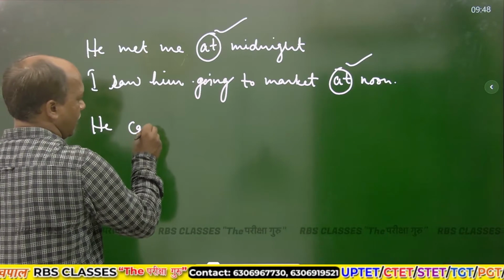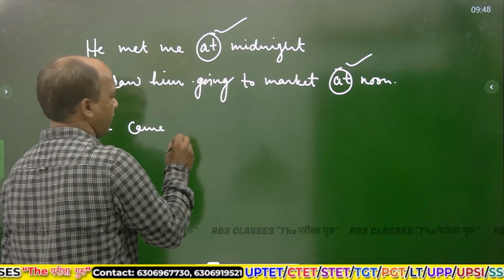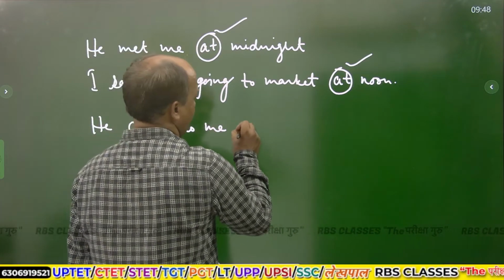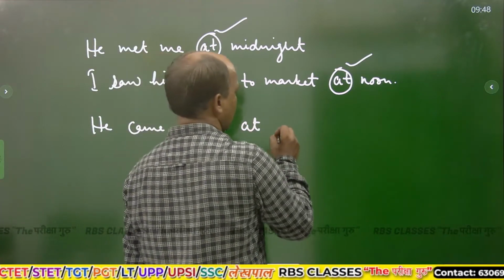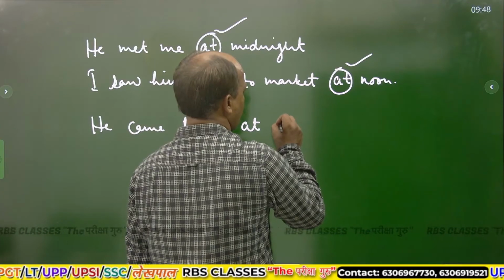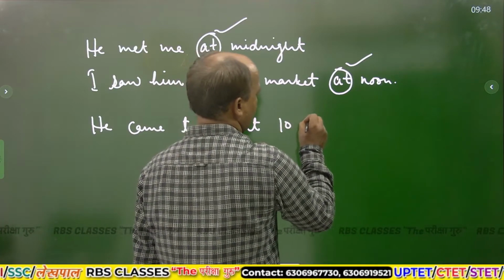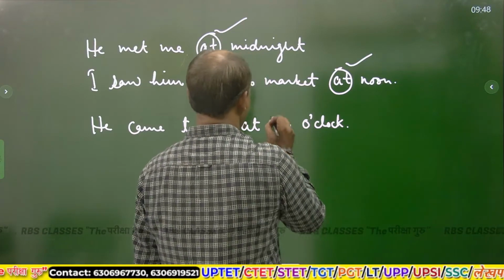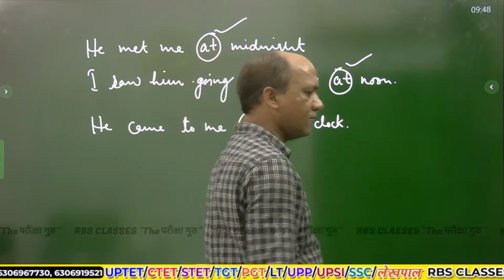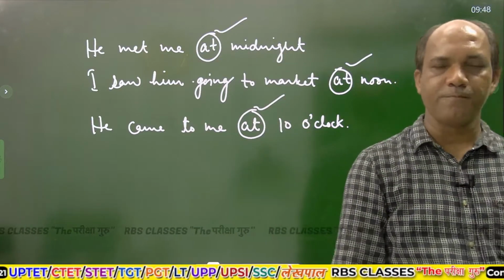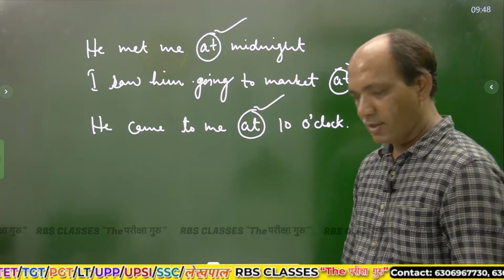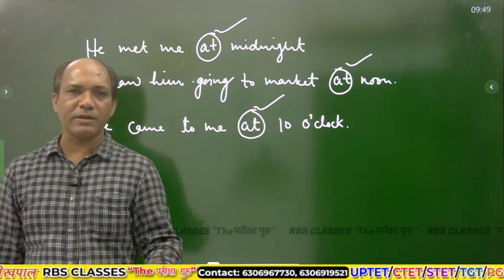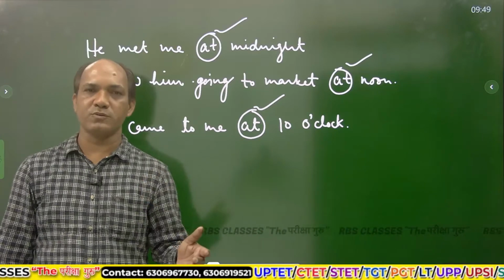He came to me at 10 o'clock. This is a particular point of time, at. So at simply means wherever you find a particular point of time, you have to use at.